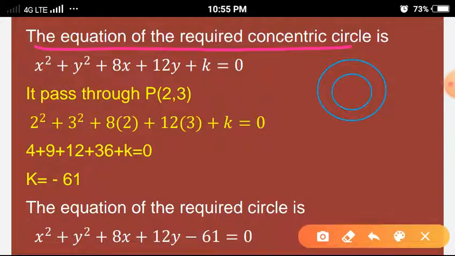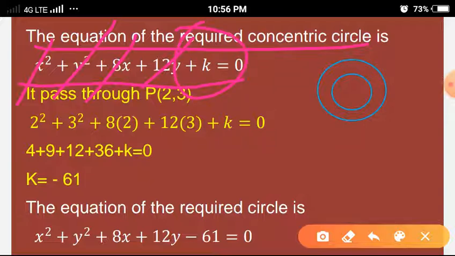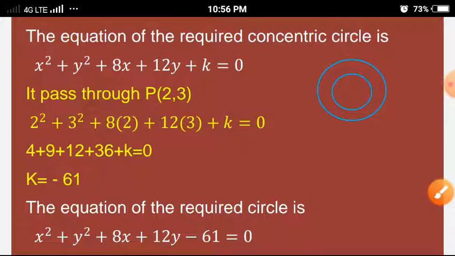The equation of the required concentric circle will be like this only. Here the x square, y square, x coefficient and y coefficient will be the same. The only thing we have to remember is the constant will be different. Remaining are all the same.